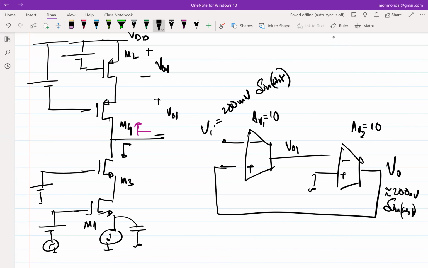Okay, any questions on this? So VI swings by 400 millivolt. V0 also swings by 400 millivolt. How much does V01 swing by?